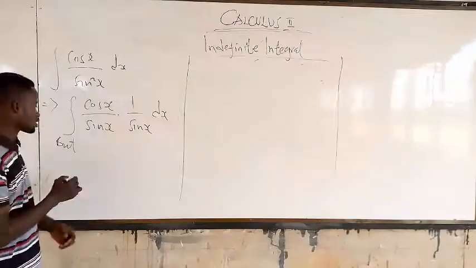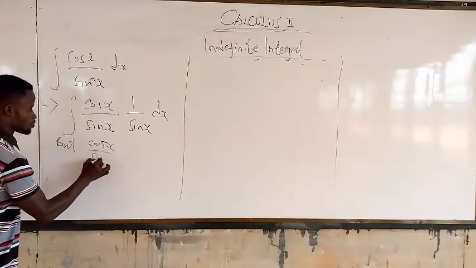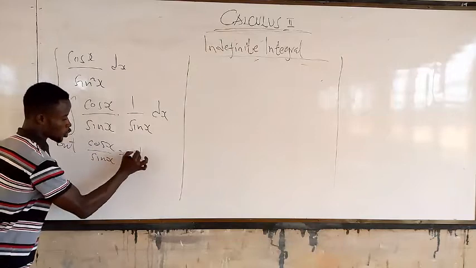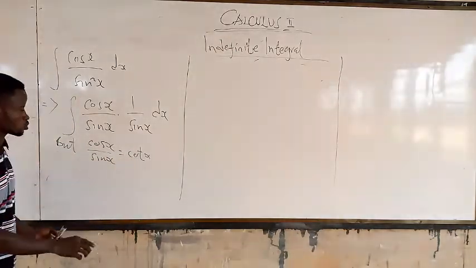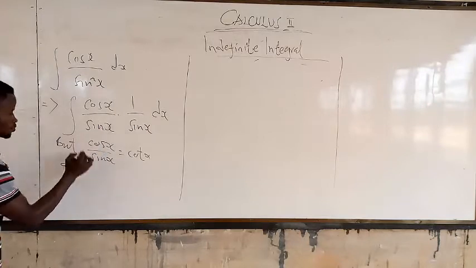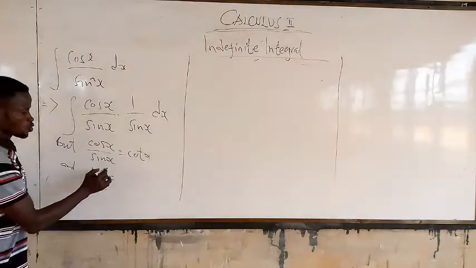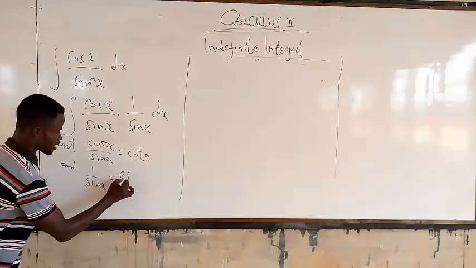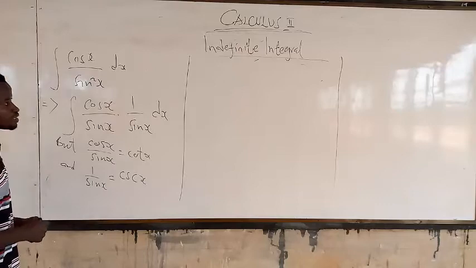But don't forget your trick. Cos x over sine x is equal to what? Cot x. It's not tan x. Tan x is sine over cos. So this is cot. And 1 over sine x will also give you what? Cosec x. Cosec x. Don't forget about that.